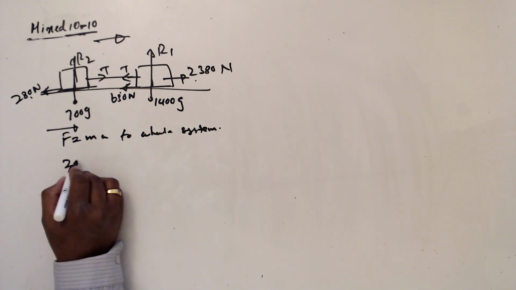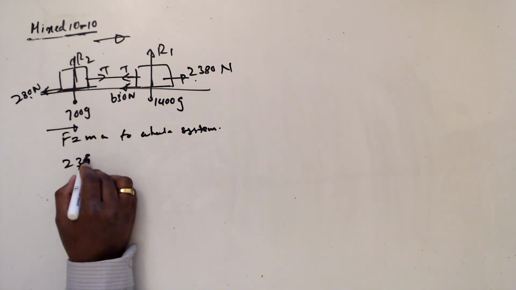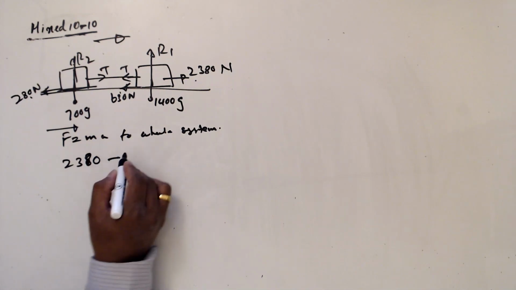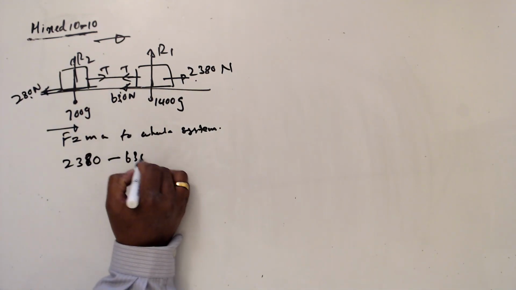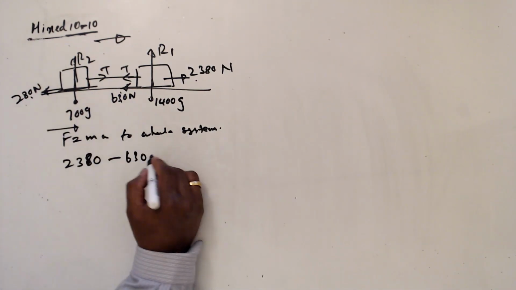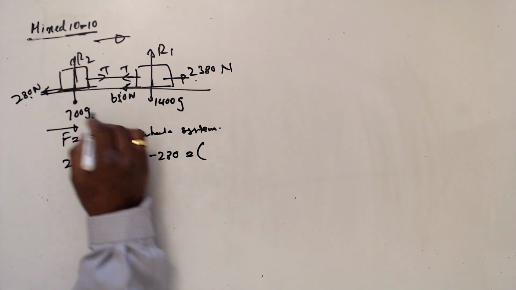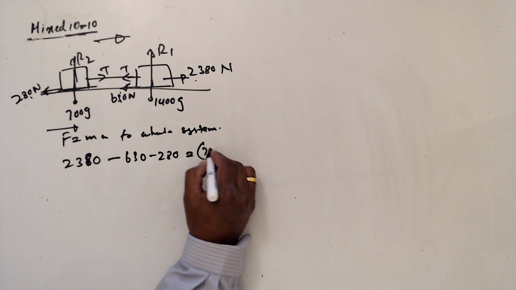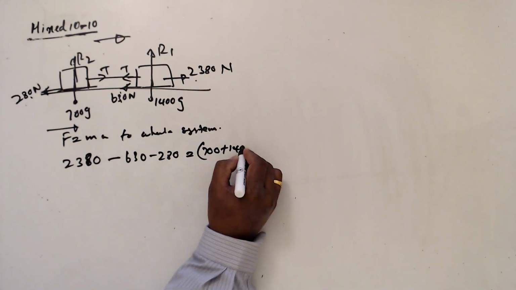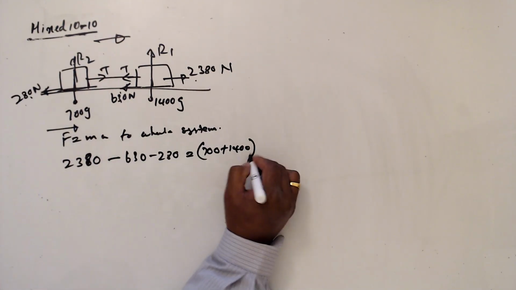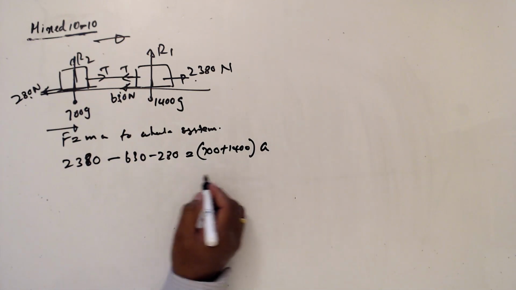So that is 2380 minus 630 minus 280 equals m, the total 700 plus 1400 together, times acceleration a.